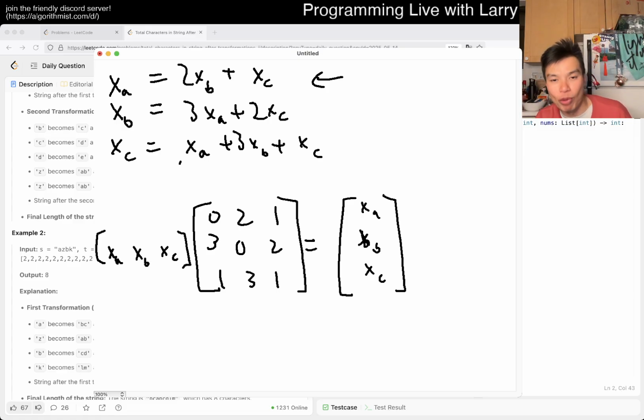And now this is one transformation. It turns out that to get two transformations, you can look at this as, let's say A is equal to, this part is also confusing because of the variables I'm using, A being the transformation matrix and X is just equal to the X's.